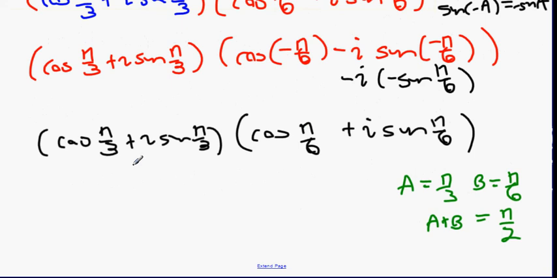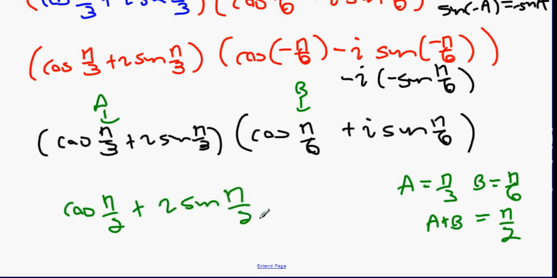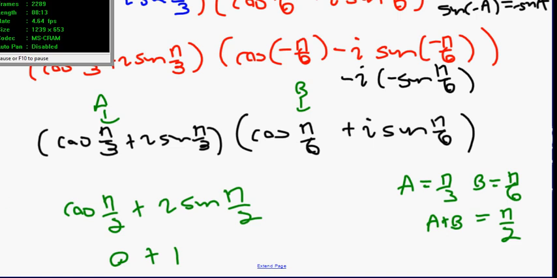When you add angle A to angle B, what we're going to get is cos pi over 2 plus i sin pi over 2, and that's going to be 0 plus i. Just excuse me, I've yet to finish this off.